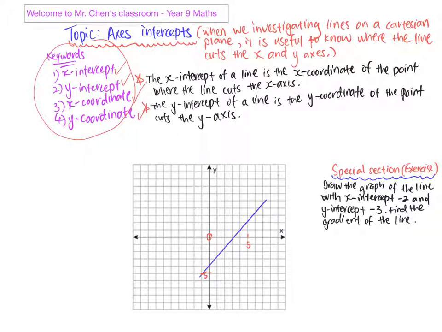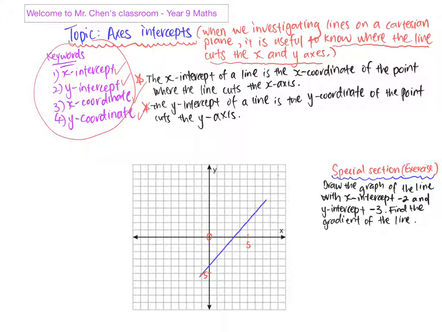So why do we learn axis-intercept? It is particularly important to help you find the gradient, and it is also useful to know where the line cuts the x and y axis.